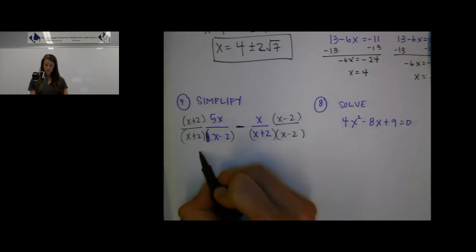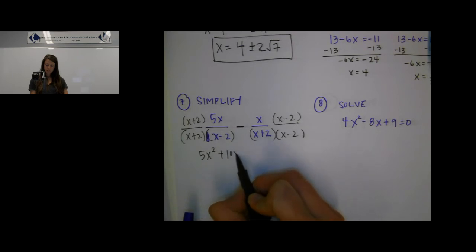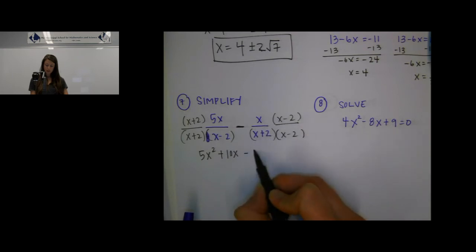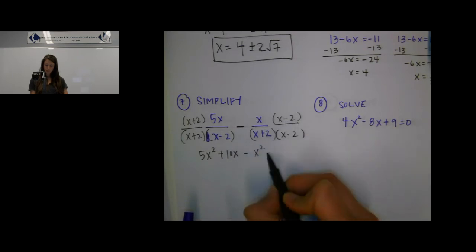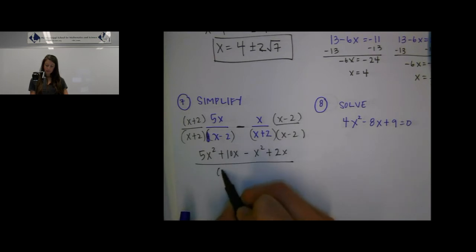So 5x times x is 5x squared. 5x times 2 is 10x. Minus x squared. Minus times a minus is a positive 2x. This is all over x plus 2 times x minus 2. Combine your like terms, so 5x squared minus x squared is 4x squared, and then plus 12x.